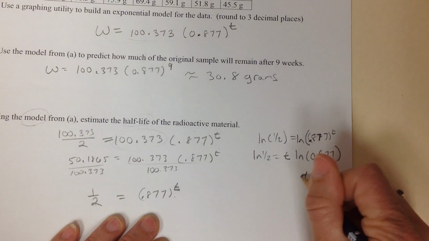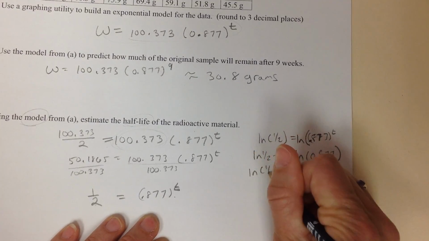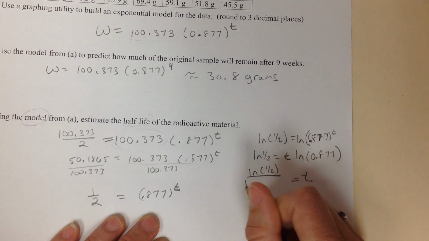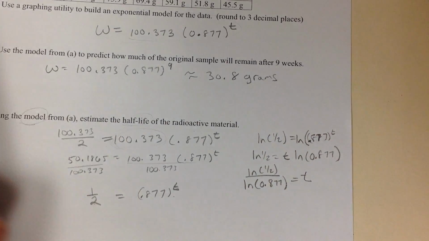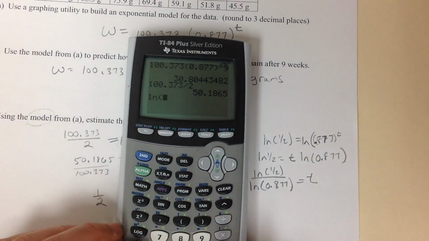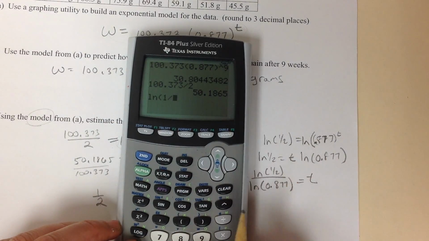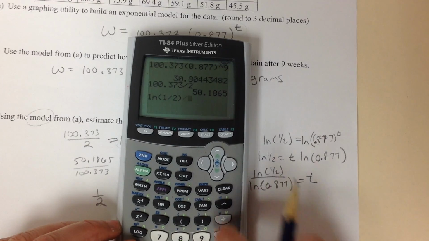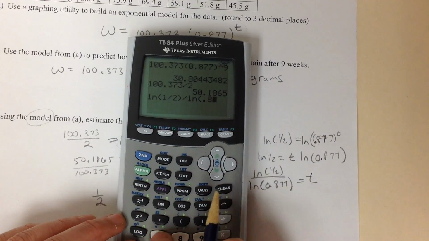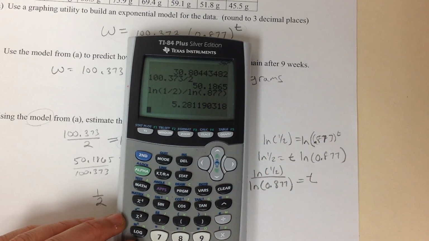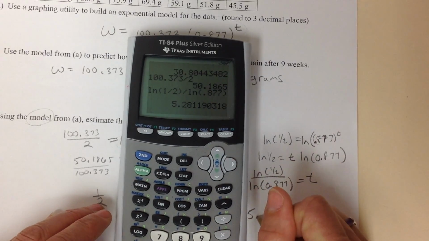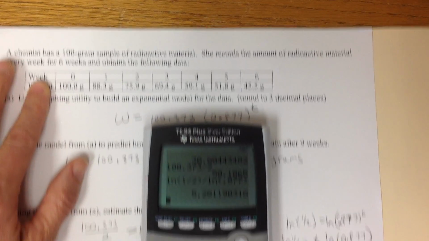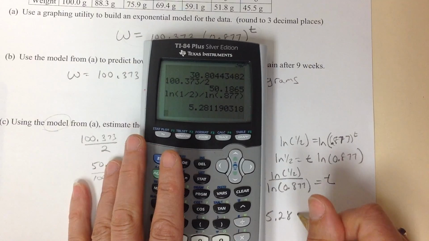And just now divide. t is the natural log of a half divided by the natural log of 0.877. So natural log of a half divided by natural log of 0.877. And I'm getting about 5.28. And this is in terms of weeks, so 5.28 weeks.